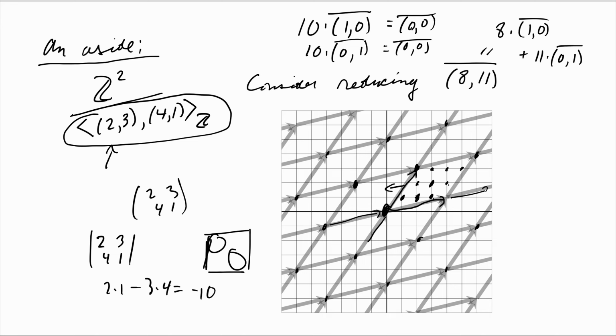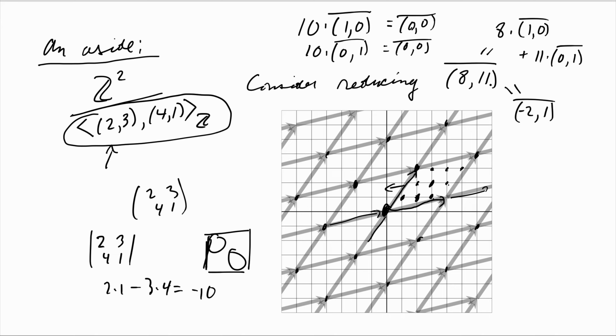Now, because of this relationship, we can really treat the 8 mod 10 and the 11 mod 10. We could think of the 8 as being negative 2, and we could think of the 11 as simply being a 1 bar.